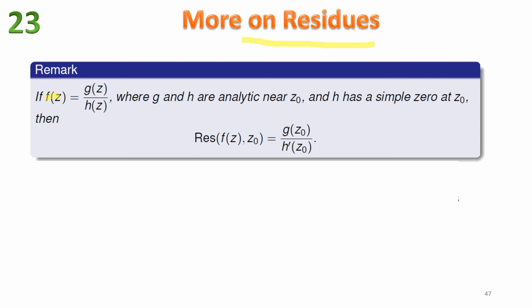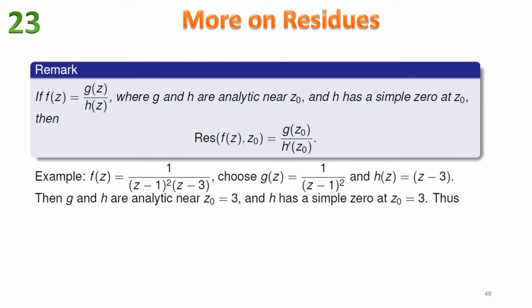If f of z is a quotient of two functions, g of z upon h of z, where g and h are independently analytic near z0, and h has a simple 0 at z0, which is a very important condition, then the residue of the function f of z at z0 can be expressed as g of z0 upon h dash of z0.